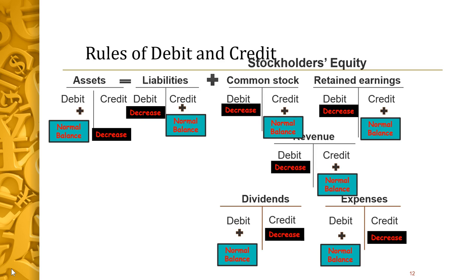It can't be right. Okay? Common stock, it can never have a debit balance. Retained earnings can have a debit balance if you have sustained years of losses. And that's called a deficit.